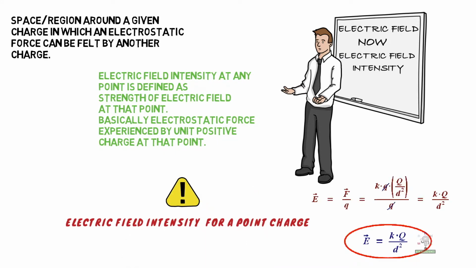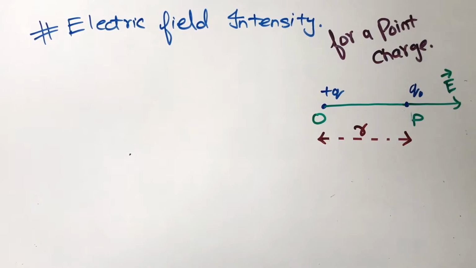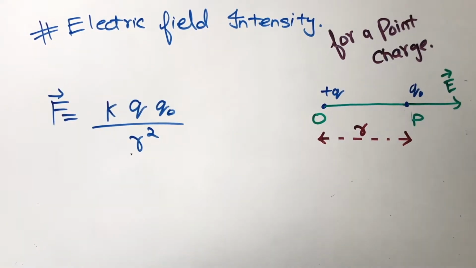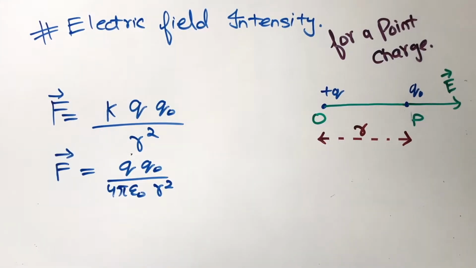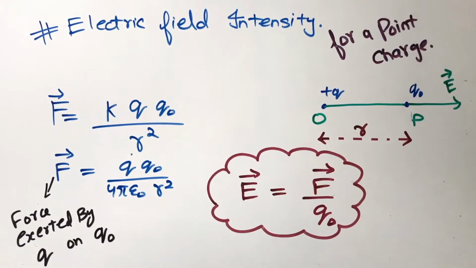Let's see how electric field intensity looks for a point charge. We have assumed a positive charge Q and a test charge q naught separated by a distance r. Now the Coulombic force between them will be F equals k Q q naught by r square. That is the force exerted by Q on q naught. By definition, electric field intensity is the electric force experienced by a unit positive test charge.